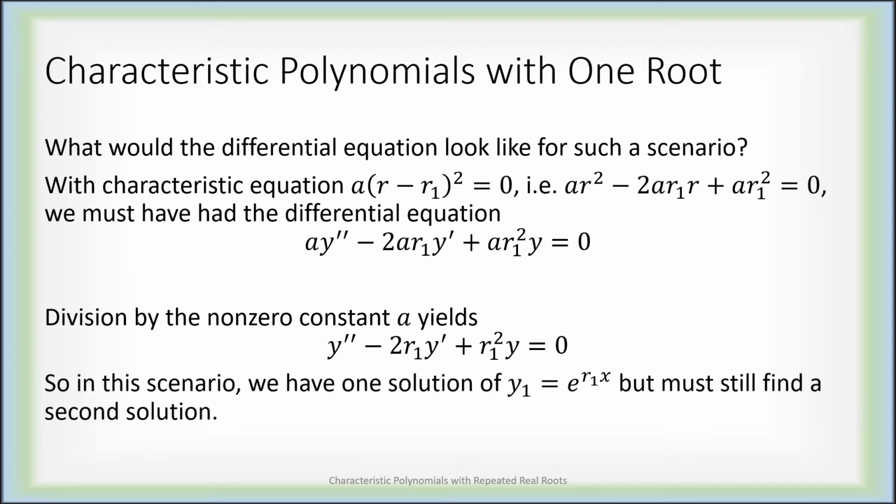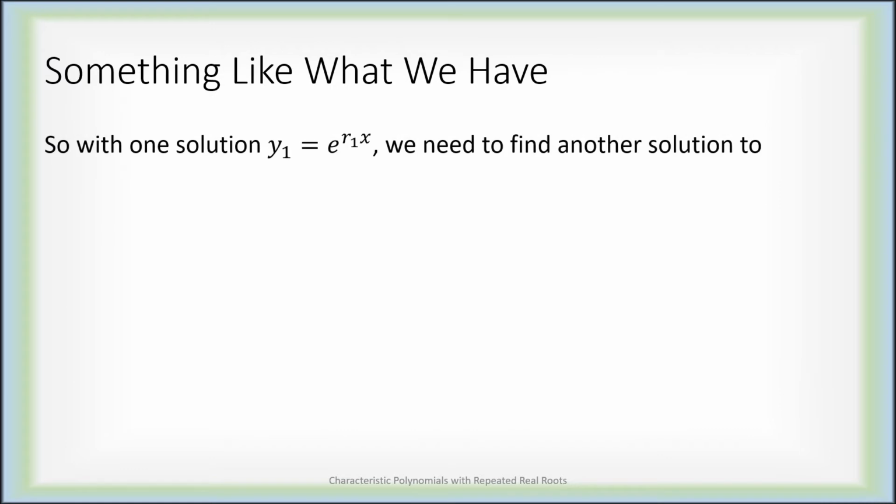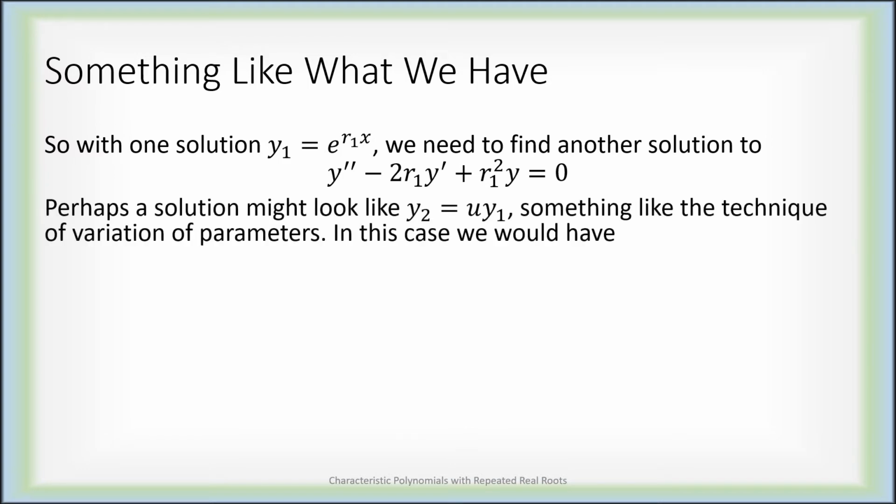So in this scenario, we have found a single solution, e to the r1x, but we are still looking for another one. Now, with one solution having been found, we need to find another solution to this differential equation. We just make a guess that maybe a second solution looks like some function u times y1, where u is an unknown function.